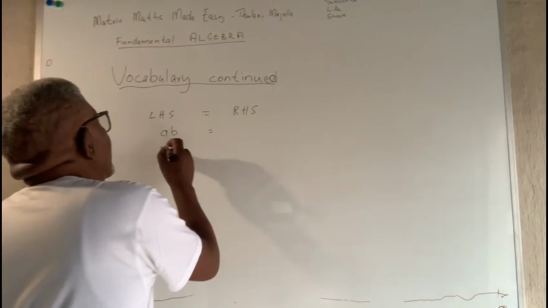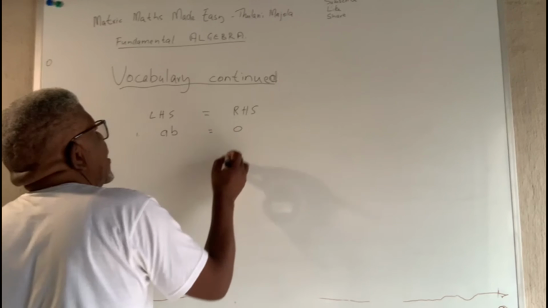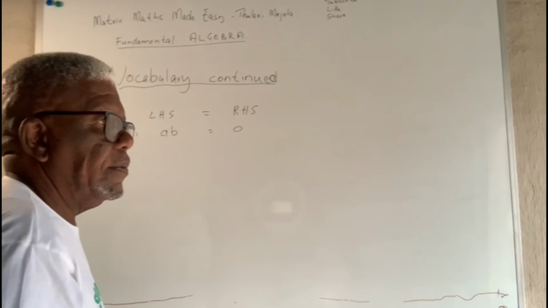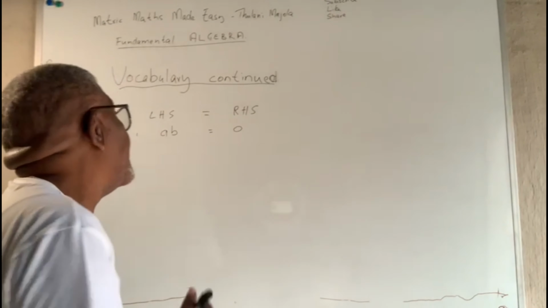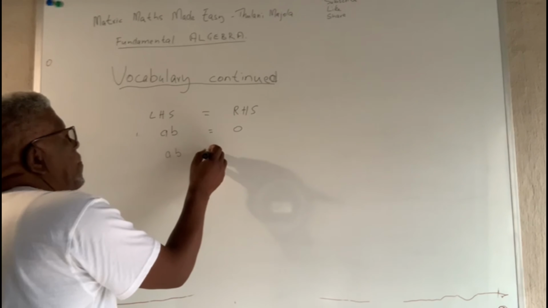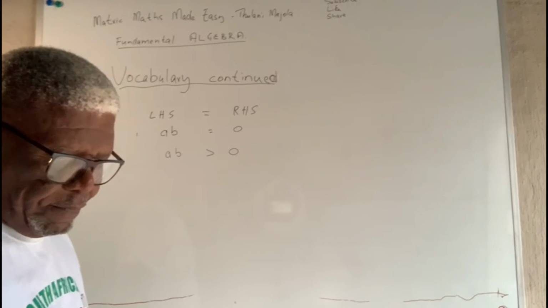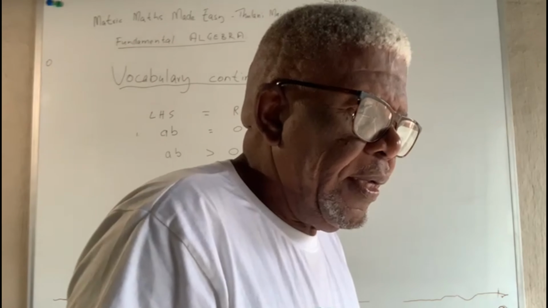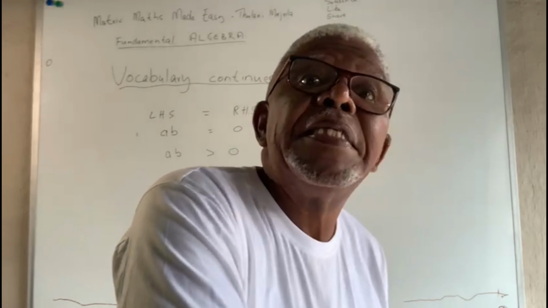This product A times B can be 0, depending on the values of A or B. This product of A, B can be greater than 0, again depending on the values of A and B. A and B are not variables here; they represent fixed numbers.